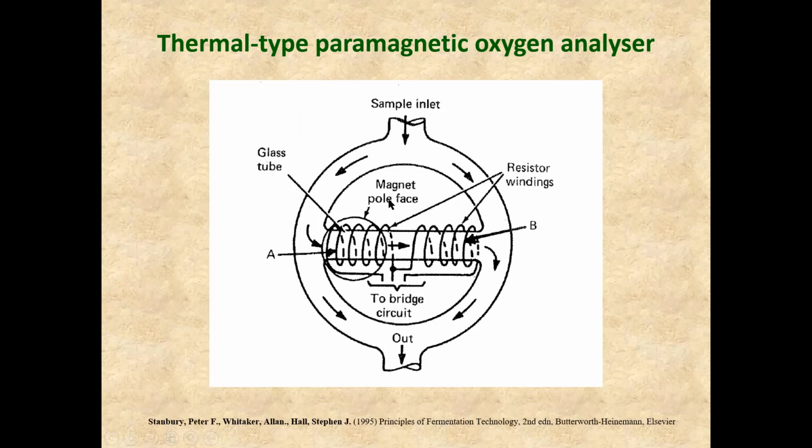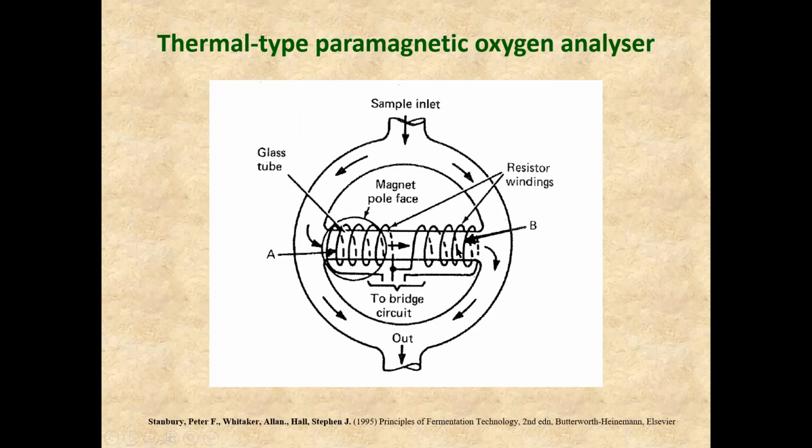There is a magnet in the central tube. So when the sample is introduced from here, the oxygen in your sample would be attracted towards this magnetic field, and the oxygen will come to this central tube.